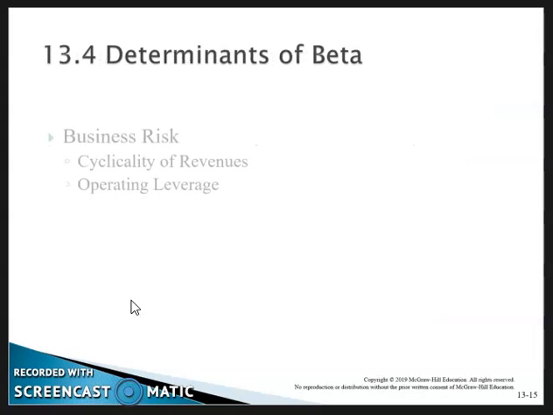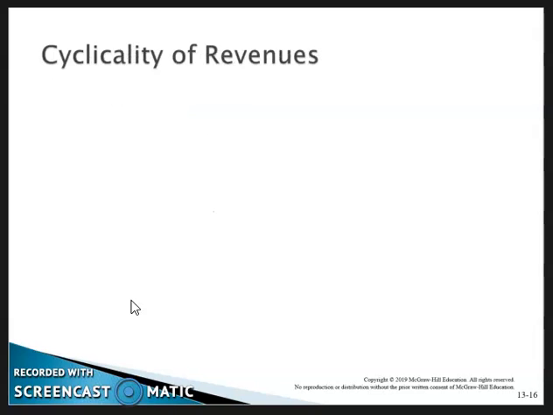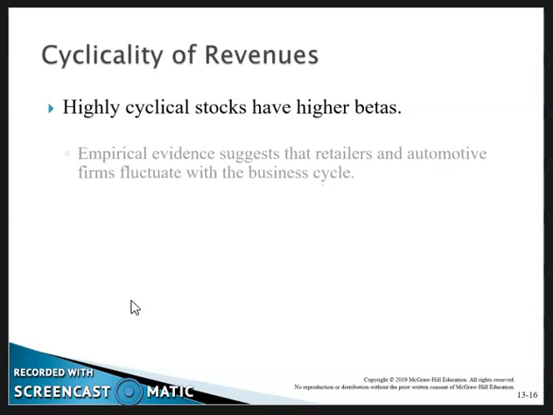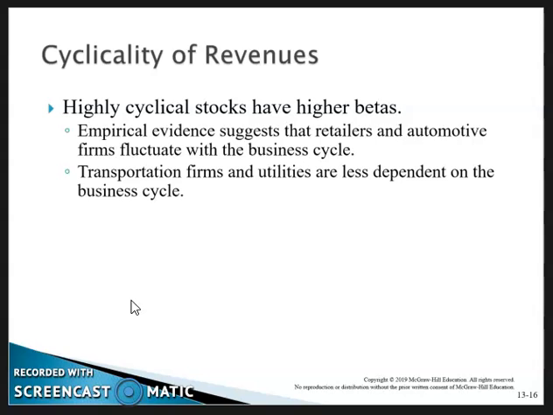So, determinants of beta: business risk, cyclicality of revenues, operating leverage, and financial risk, financial leverage. The cyclicality of revenues: highly cyclical stocks have higher betas. Evidence suggests that retailers and automotive firms fluctuate with the business cycle, while transportation firms and utilities are less dependent on the business cycle.